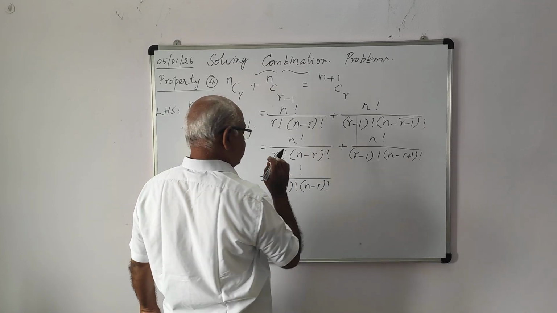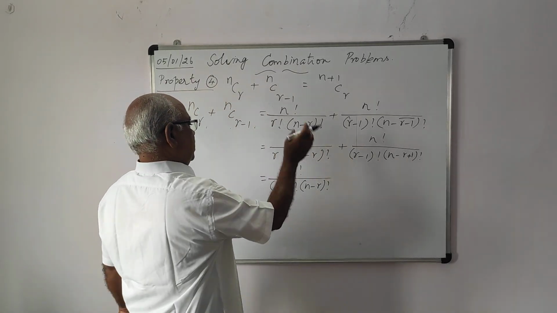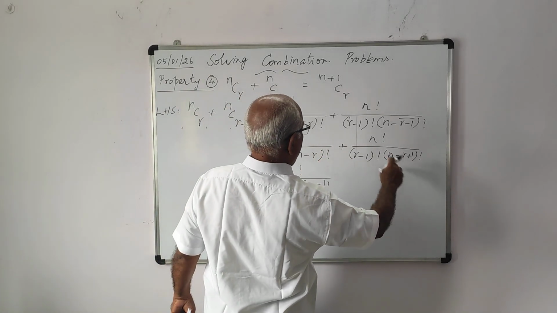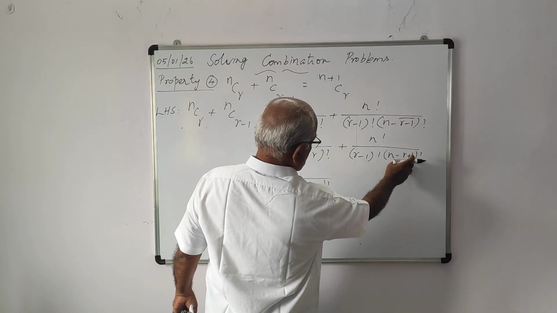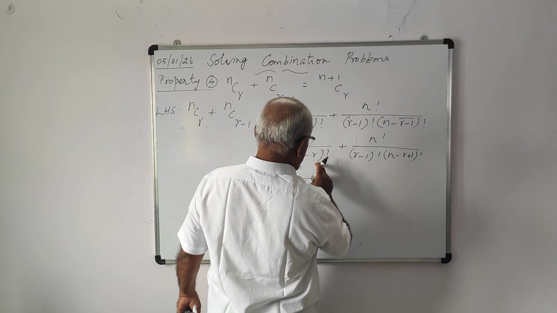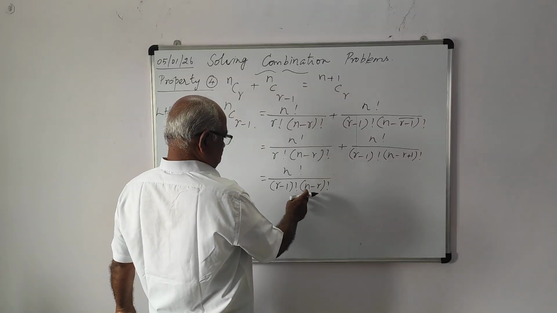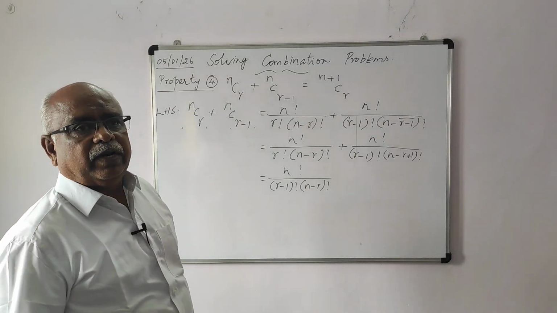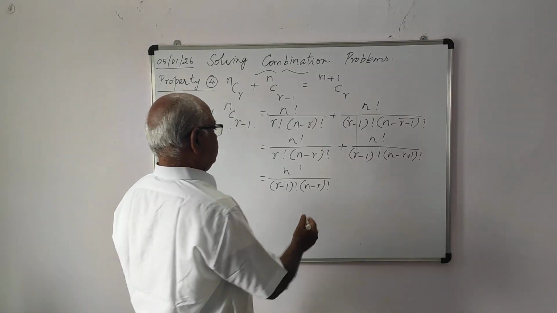Similarly, n minus r factorial and n minus r plus 1 factorial: n minus r plus 1 factorial consists of n minus r factorial also. Therefore, I can take n minus r factorial as a common term in the denominator.